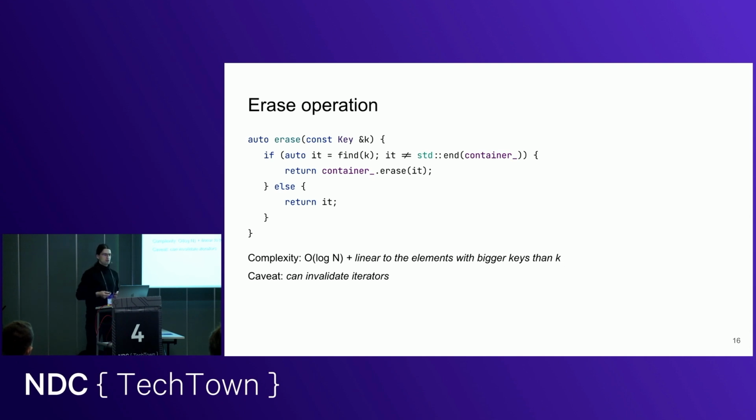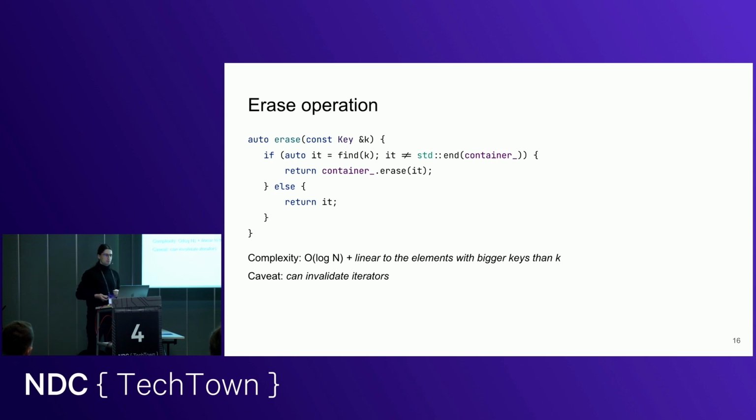And that's pretty much it. If there is nothing to erase, we return the end iterator, and otherwise we return the next iterator after the erased one. That's how erase for vector works. And this is how erase for flat map will be working, because it's just a container adapter.